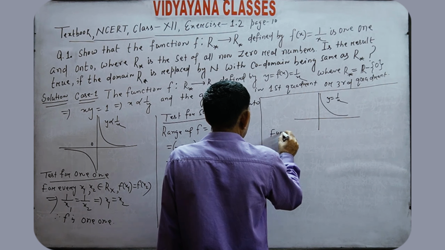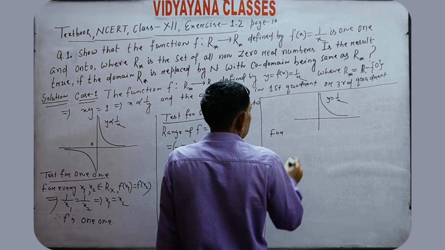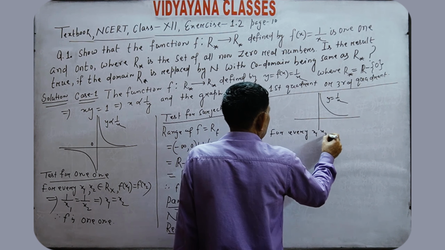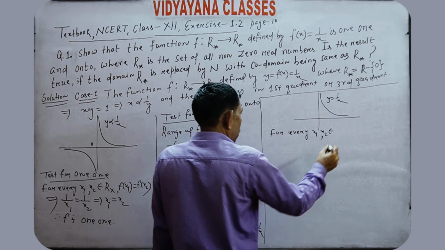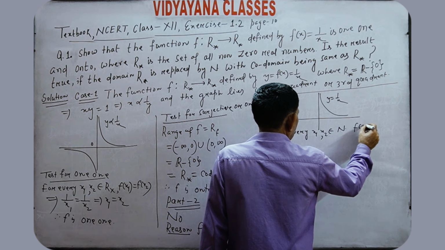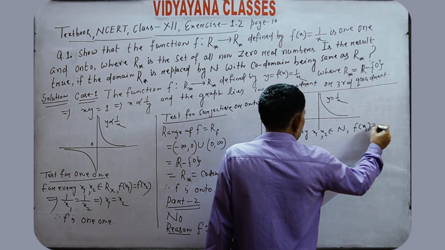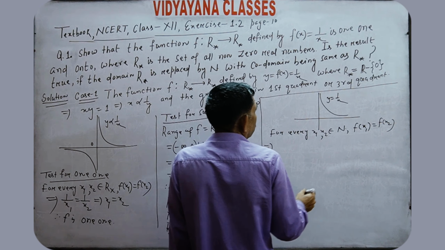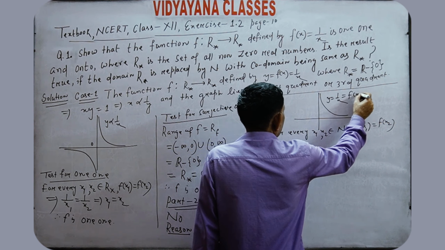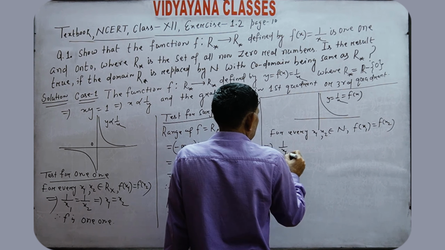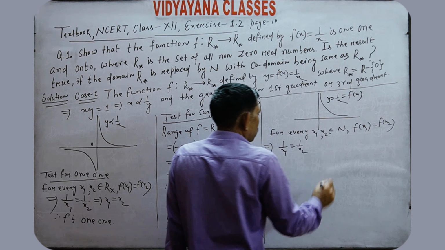For every x1, x2 belongs to N, f(x1) is equal to f(x2). That implies 1 by x1 is equal to 1 by x2.